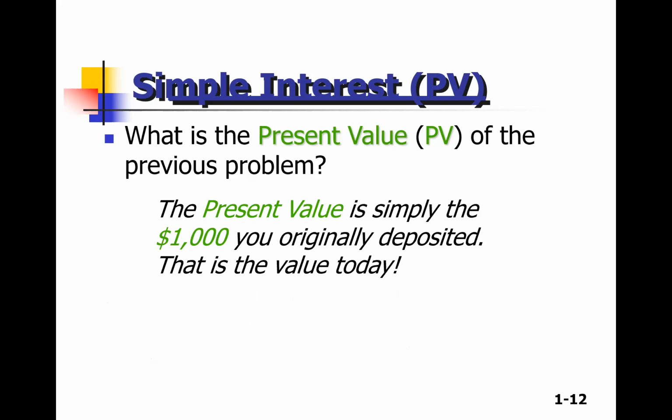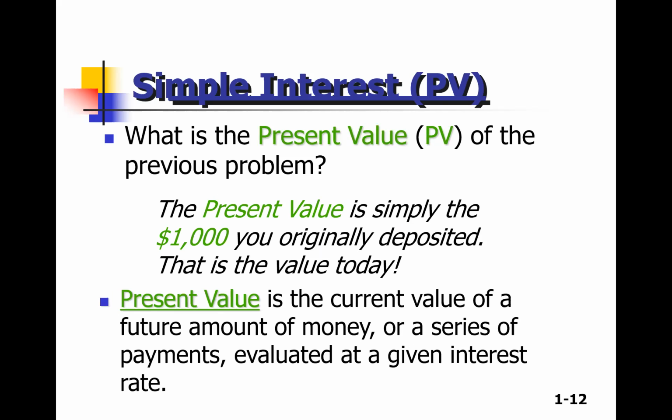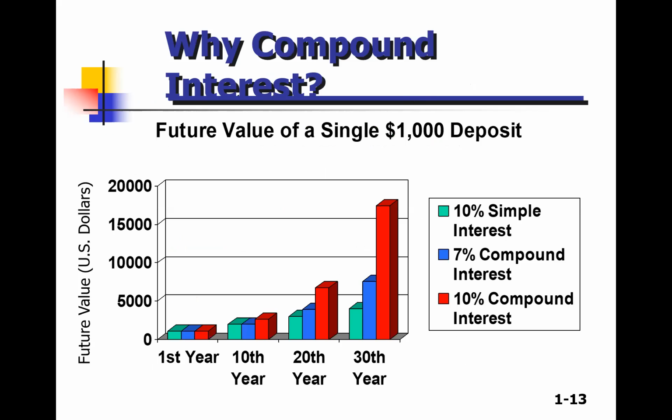The present value is simply, for this example, 1000 that you have originally deposited. But if we go to the definition of present value, it is known as the current value of a future amount of money or a series of payment evaluated at a given interest rate.